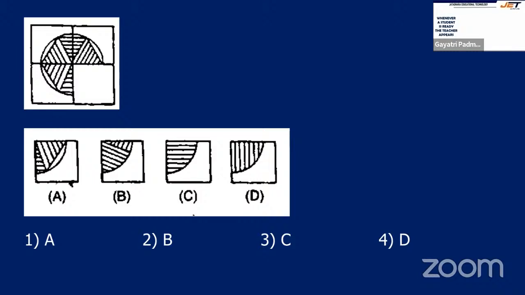Or is it option D? Is it option 1, 2, 3, or 4? Your 30 seconds has already started. So you need to find out which is the correct one, right?